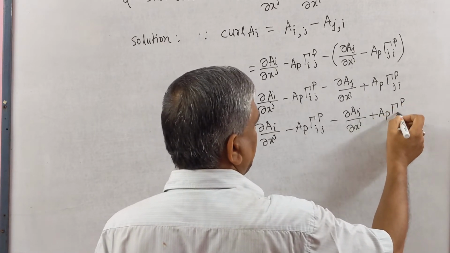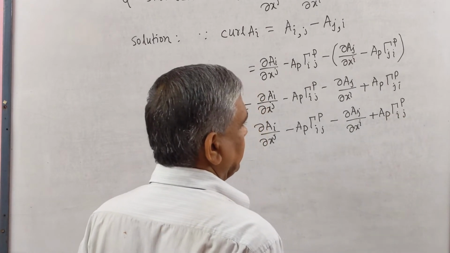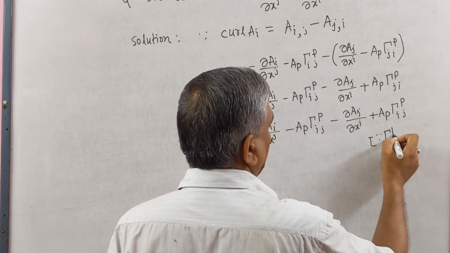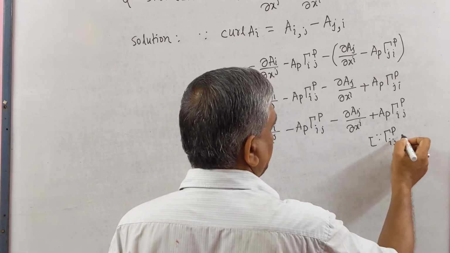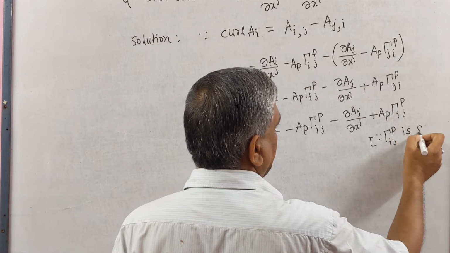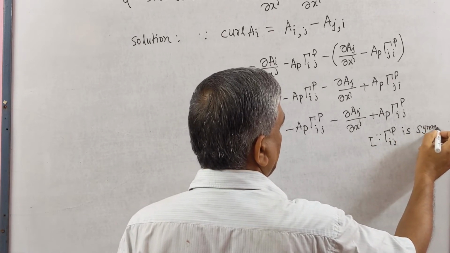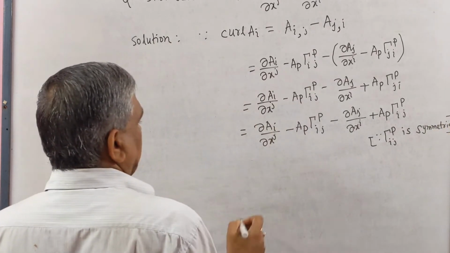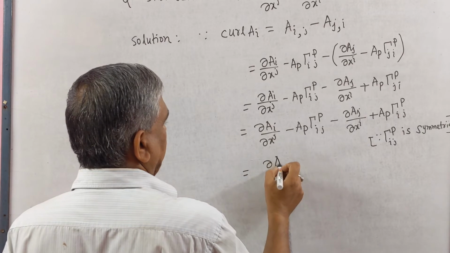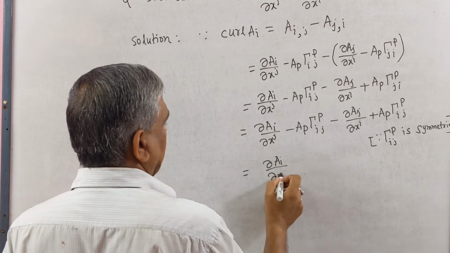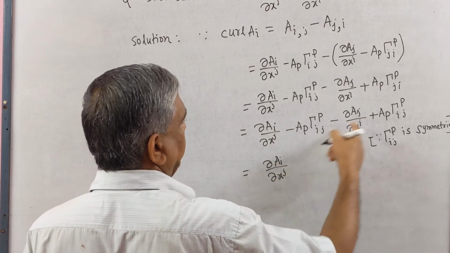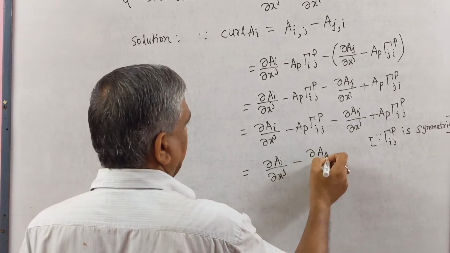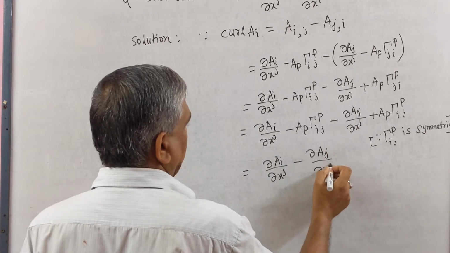This is symmetric, so we write ij in place of ji, since this Christoffel symbol of second kind is symmetric. Equal to del Ai by del xj. This and this term cancel. So we write minus del Aj by del xi. Proved.